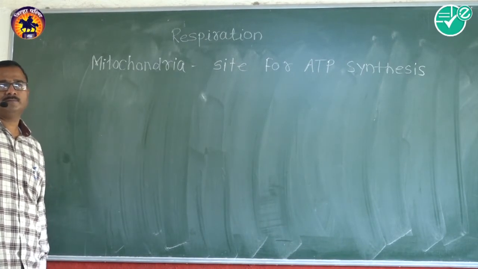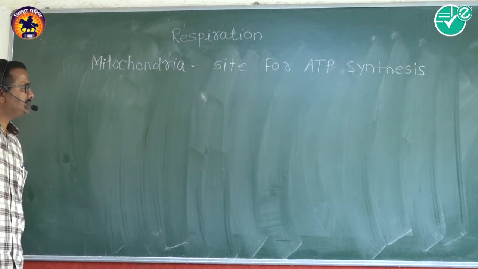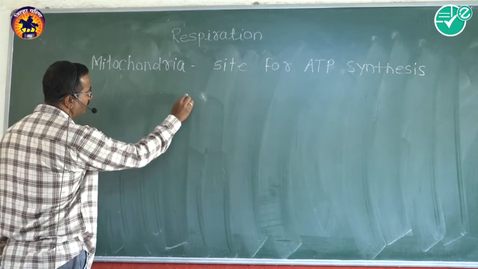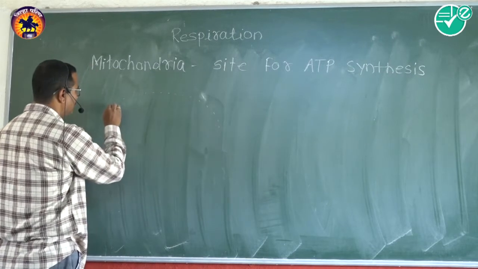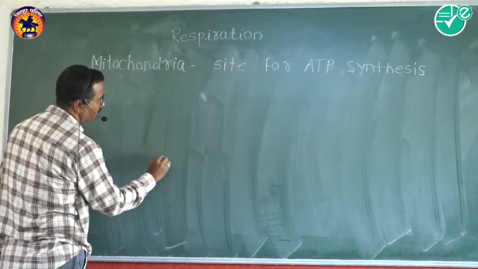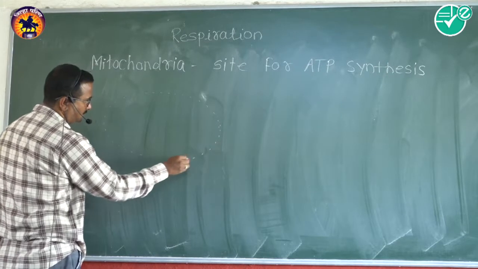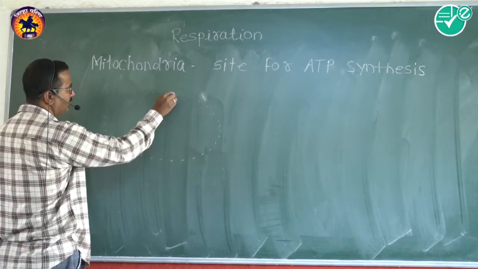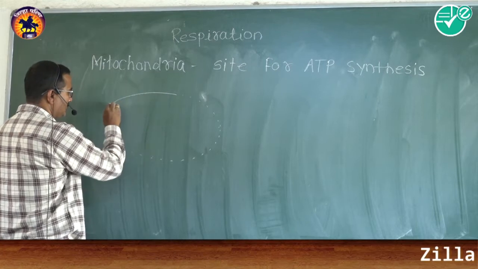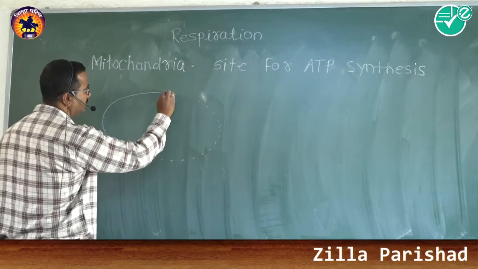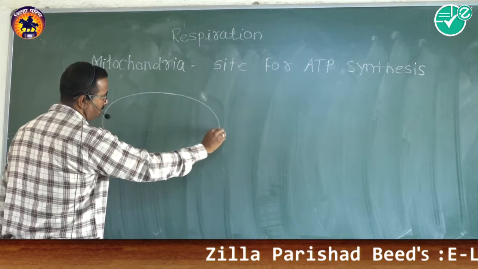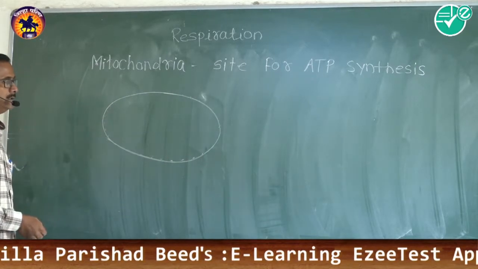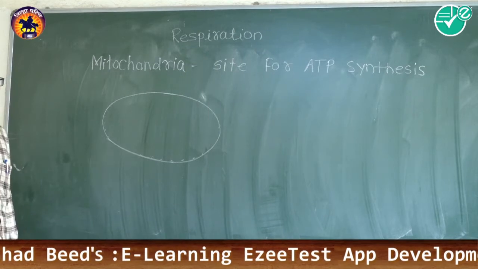Mitochondria is a dumbbell-shaped or egg-shaped structure, which is a double membrane bounded structure.